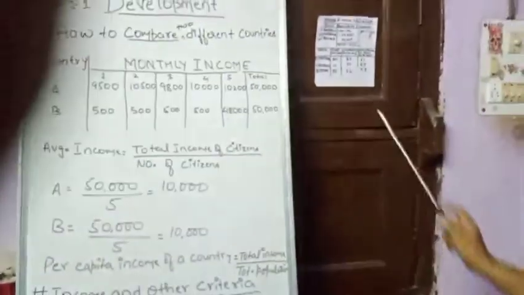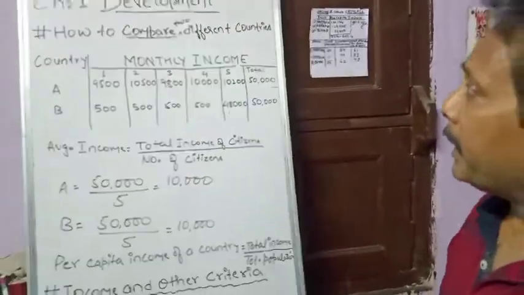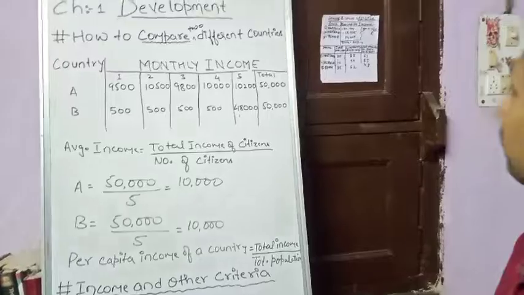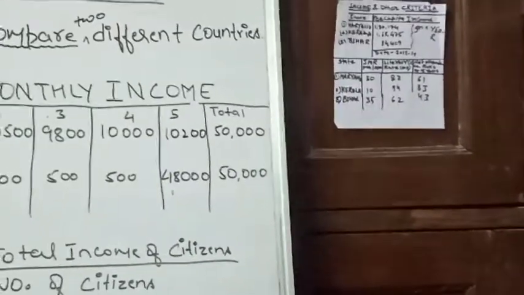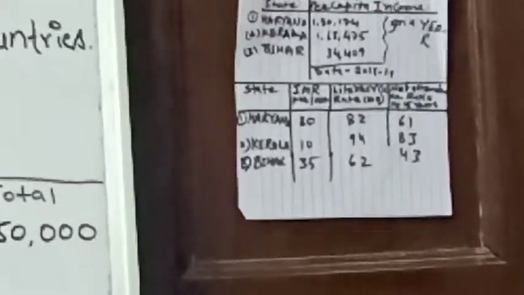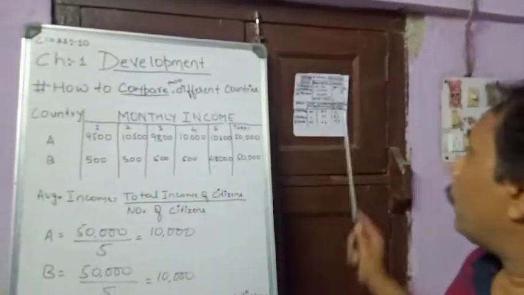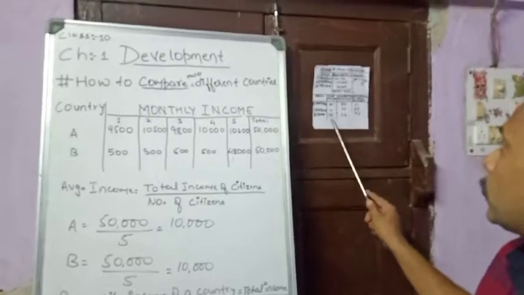So it indicates that not only the per capita income will determine which country is best. To be the best country, a number of factors such as infant mortality rate, literacy rate and net attendance ratio are important.